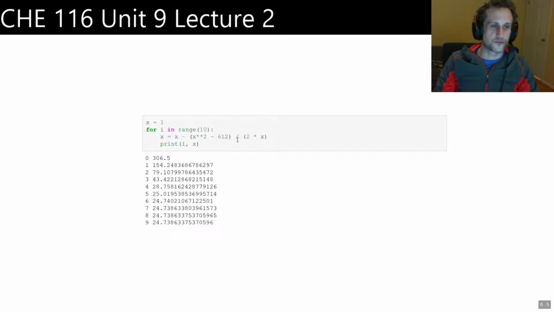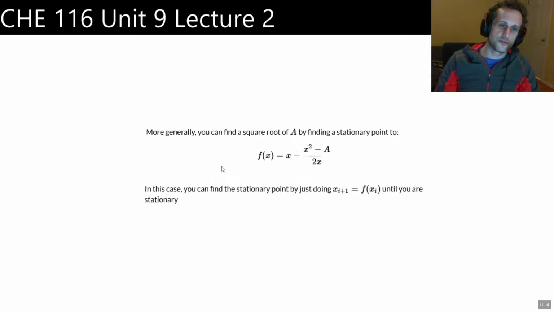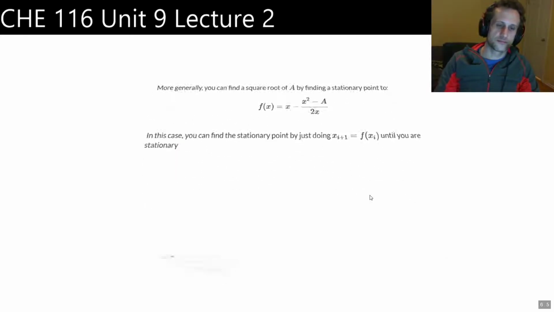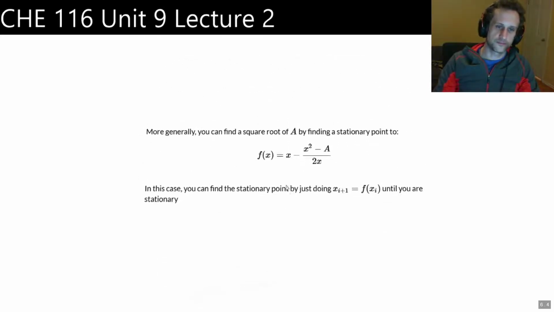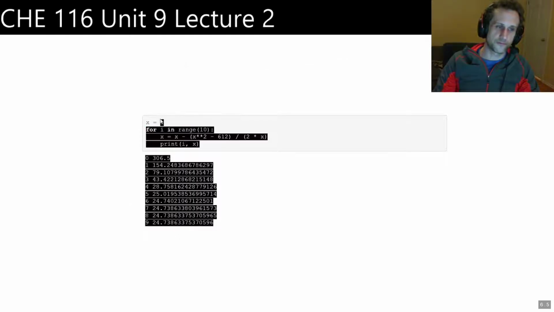So here you go, computing the square root of x. You could just use a for loop. You don't really need to look at the code, but basically I guess that x is 1. So I guessed that the square root of 612 is 1. It's a bad guess, right? You should know it's a bad guess. But following this process where I compute f of x and make that my new guess, I start with 1. That's my first guess.